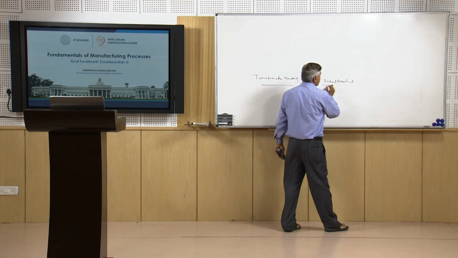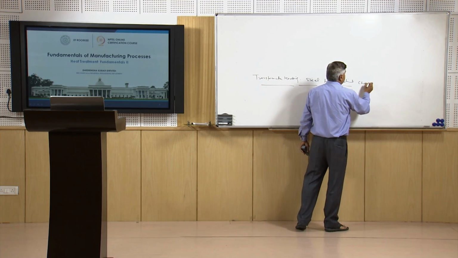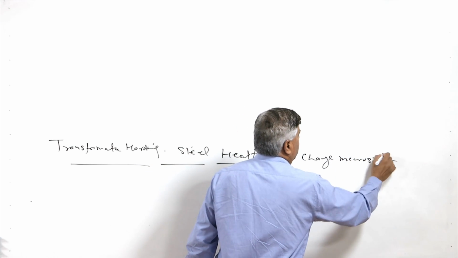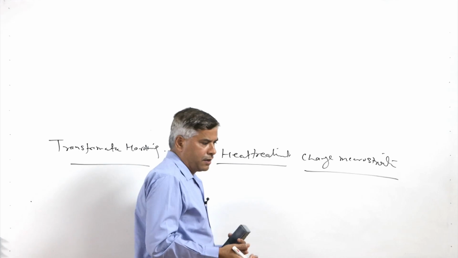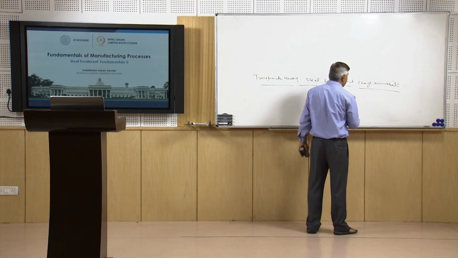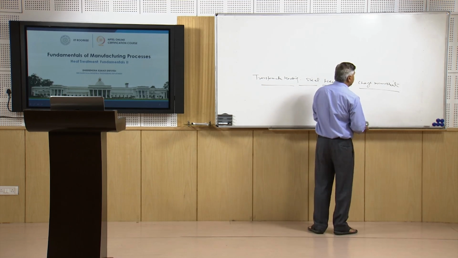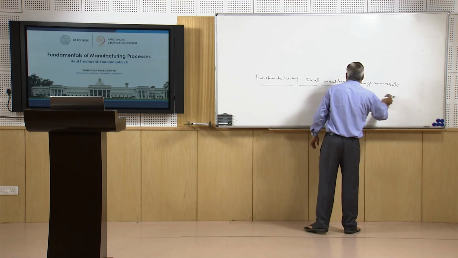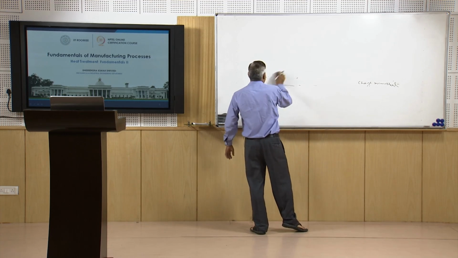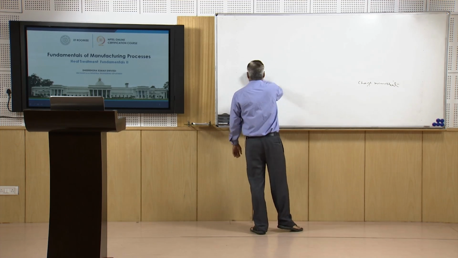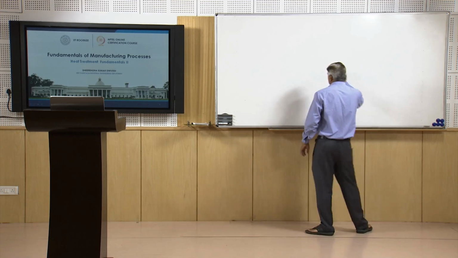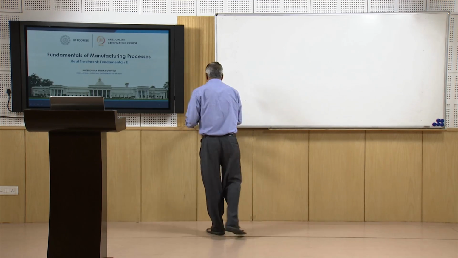Basically, heat treatment is carried out in order to change the microstructure of the constituents, so that the kind of phases that offer the desired combination of properties are produced through controlled heating, soaking and then cooling. So a change in the structure as per the requirement is the target for transformation hardening. Now we will see what kind of phases it has and what kind of properties they offer, and for which kind of systems it is applicable.